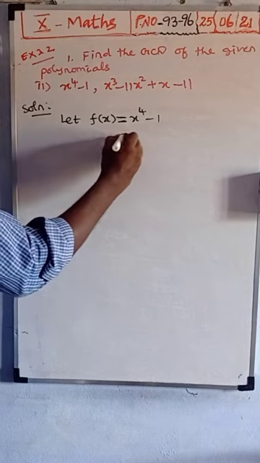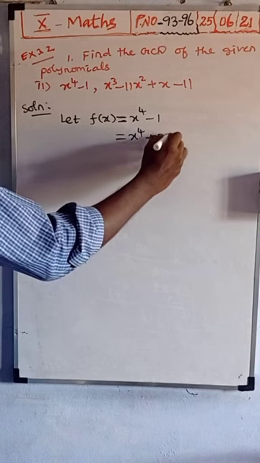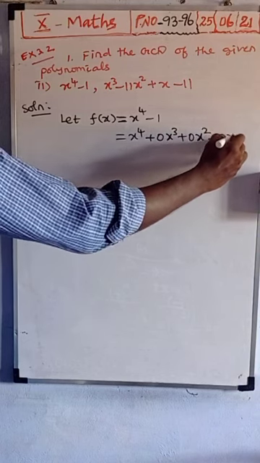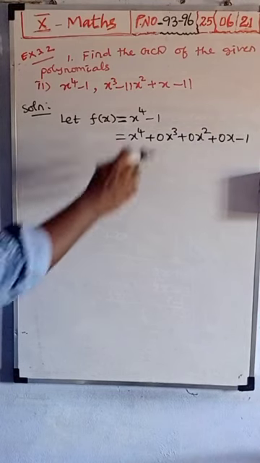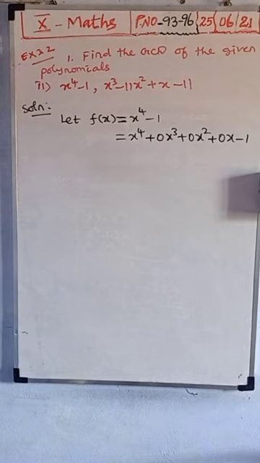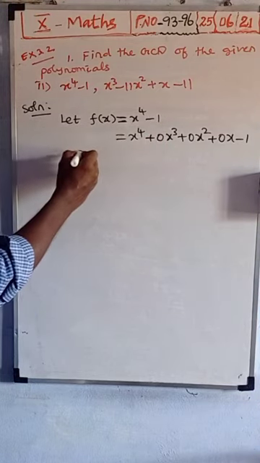Then how do we write this polynomial? x power 4 plus 0x cube plus 0x squared plus 0x minus 1. Three terms are missing: x cube term, x squared term, x term. So you add 0x cube, 0x squared, 0x. The constant term you write minus 1 as it is. Now this is called f of x.